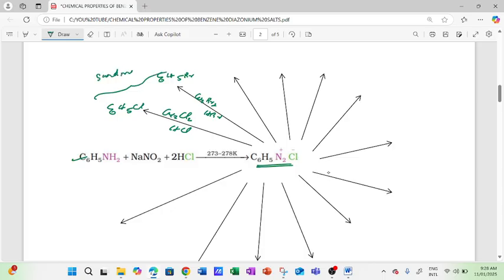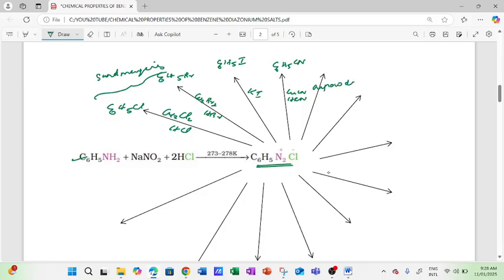Sandmeyer's reaction is covered in our lesson on haloalkanes and haloarenes. When you add KI, potassium iodide, we get C6H5I, iodobenzene. Instead, if you add CuCN, cuprous cyanide, and HCN, then it changes into C6H5CN, cyanobenzene.